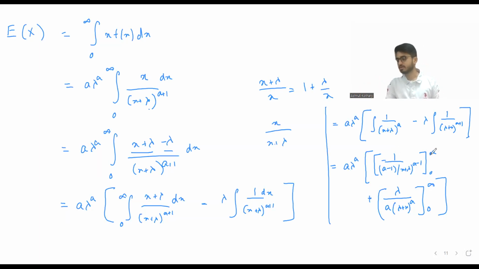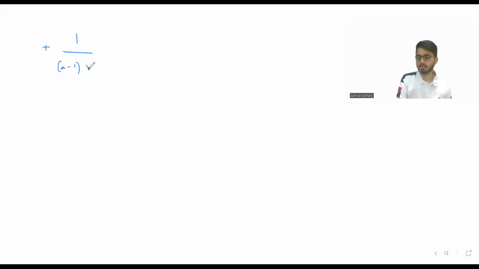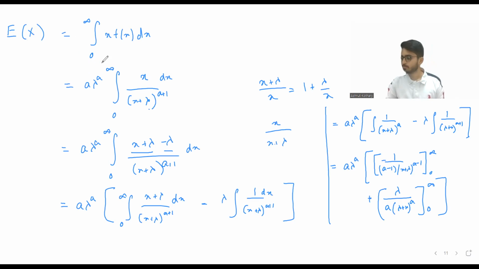When I assume that alpha is greater than 1, the first term when I put infinite will be becoming 0. When I put 0, this will come out to be plus 1 by alpha minus 1 lambda to the power alpha minus 1. And here when I put again infinite, note that infinite plus constant, infinite to the power alpha. Alpha we know is positive.